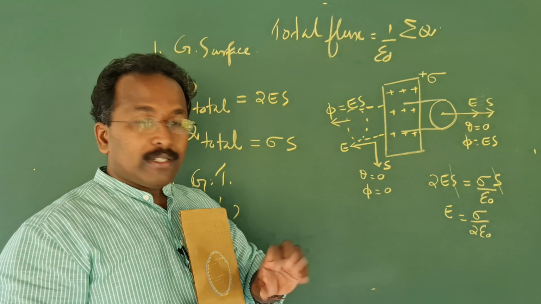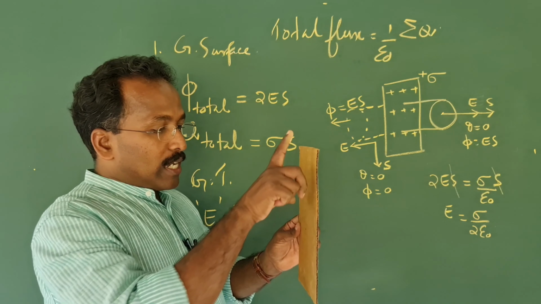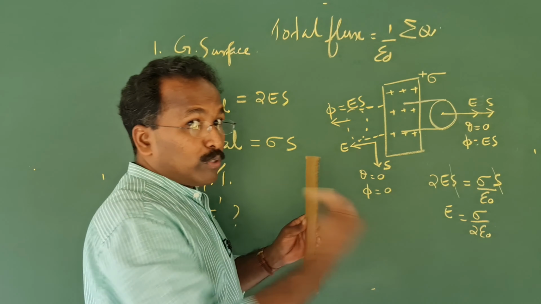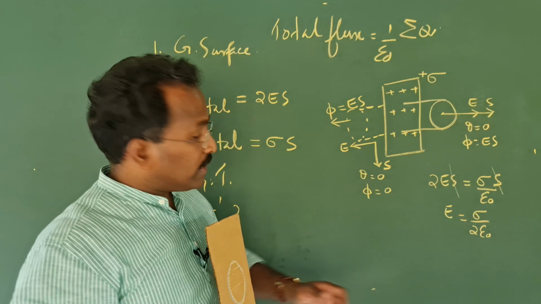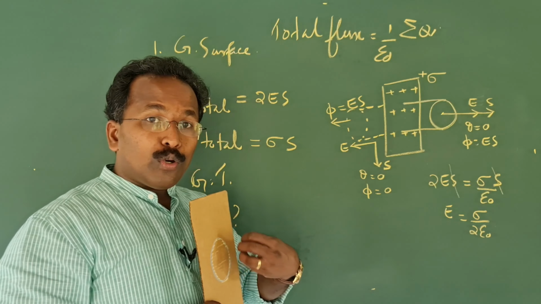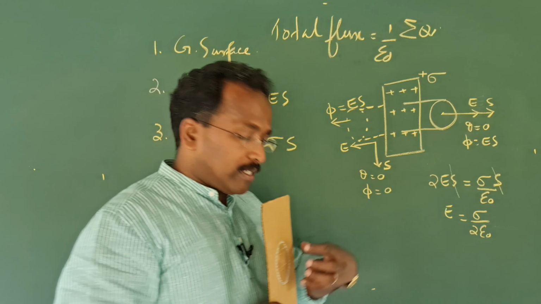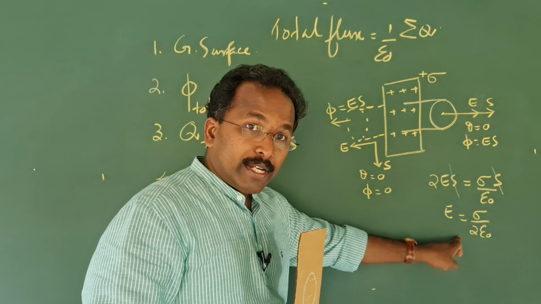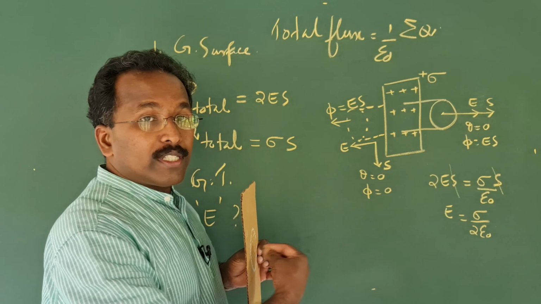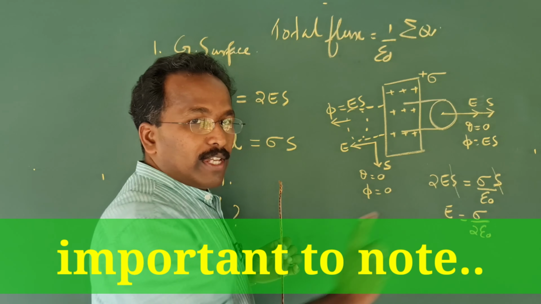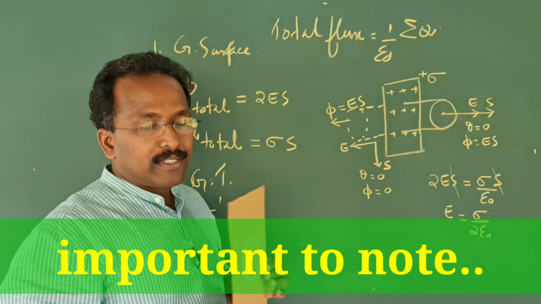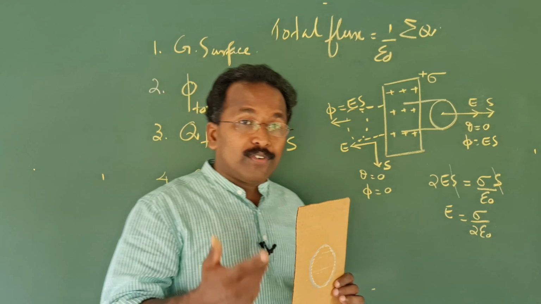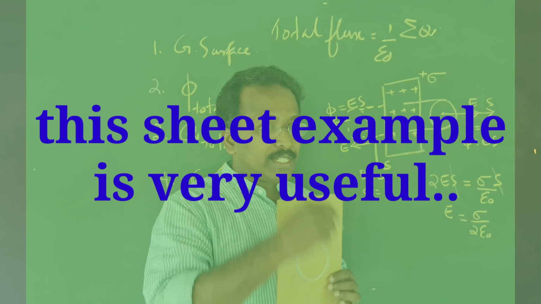So does it mean that if you charge this sheet, the electric field on both the sides does not reduce in intensity as we go away? No. This equation can be applied only for points closer to the sheet. As you go away, of course, the intensity decreases, and we are not studying about that. This equation, remember, is applicable only for points closer to the sheet.